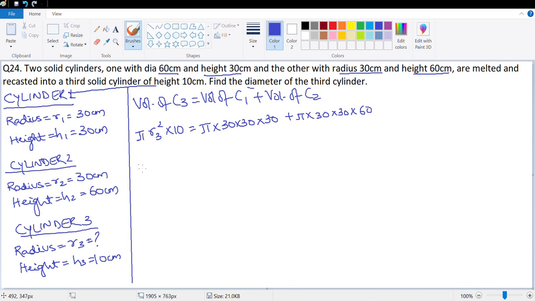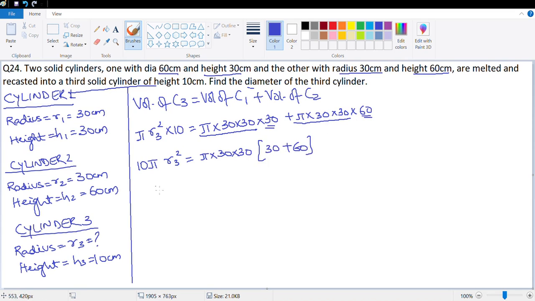Let's take pi common. So what we have here is 10 pi r3 square is equal to, in fact we can take more than pi common. We have 30 into 30 into pi, so this is pi into 30 into 30. If I take that common, what remains here is 30 and what remains here is 60.